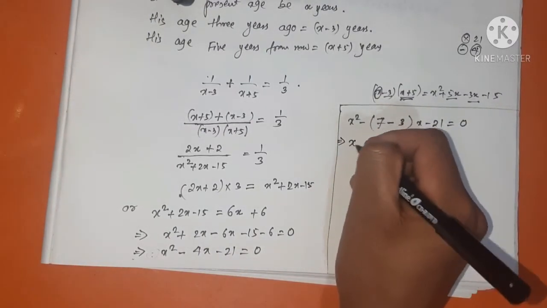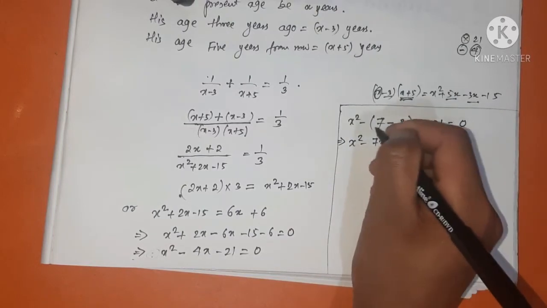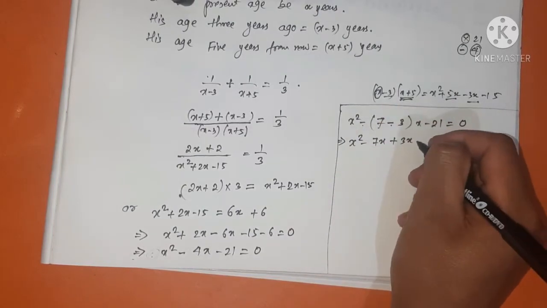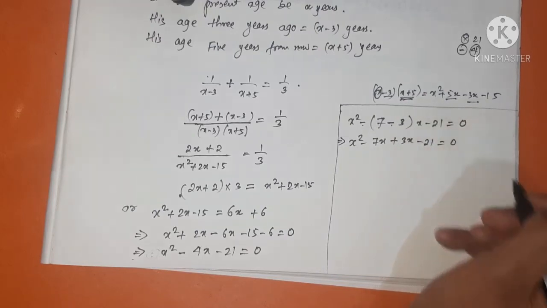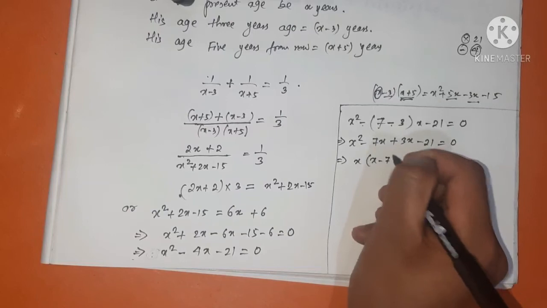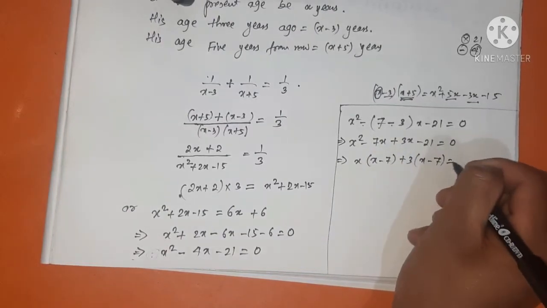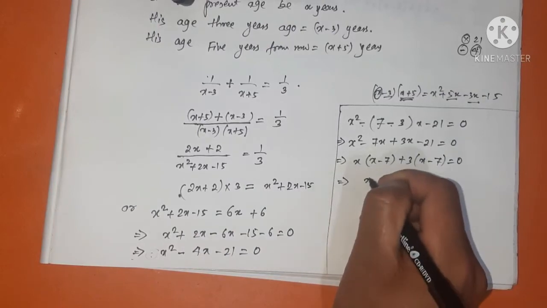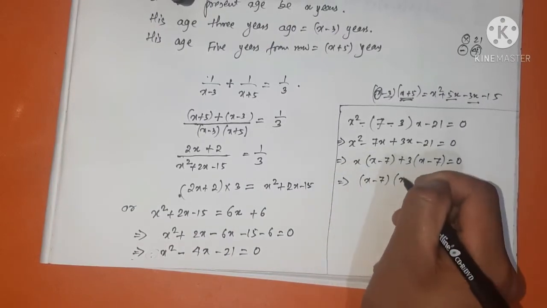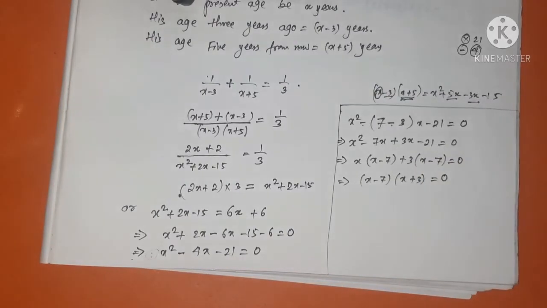This implies x square minus 7x plus 3x, because minus minus plus 3x, minus 21 is 0. That gives you x as a common, x minus 7, plus 3 as a common, x minus 7, 3 sevens are 21, right? That further gives x minus 7, x plus 3 equals 0, isn't it?